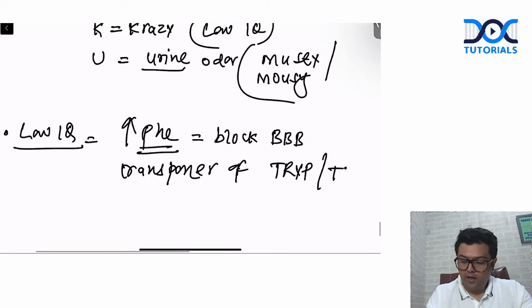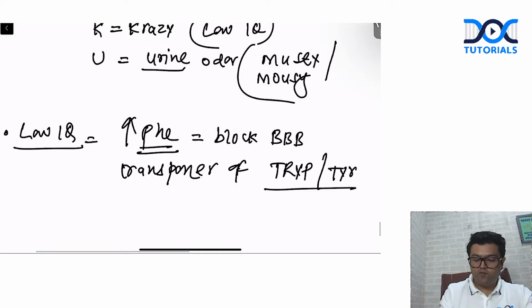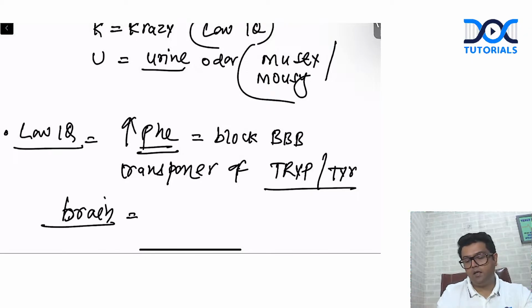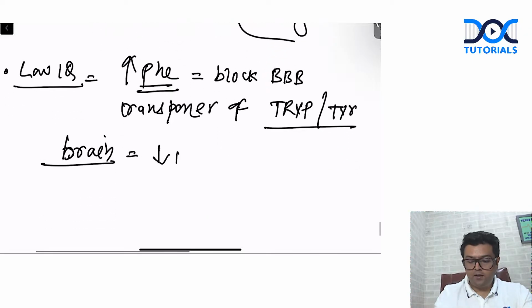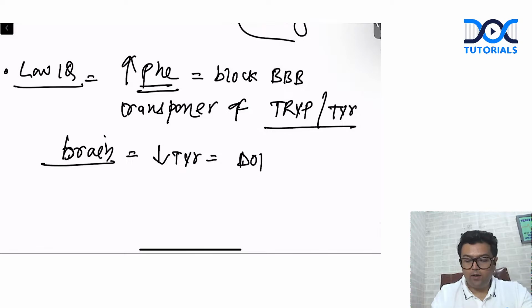So tryptophan and tyrosine. So guys, what will happen in the brain of the baby? In the brain of the baby, there will be a decrease in tyrosine. So what is a very important neurotransmitter of tyrosine metabolism? Dopamine. So guys, that is why low IQ.